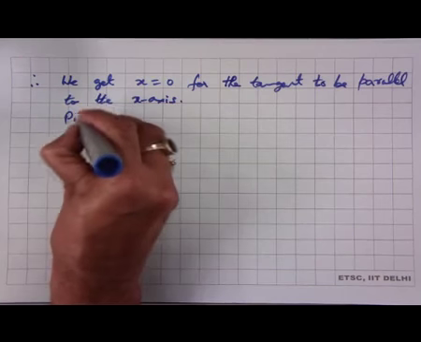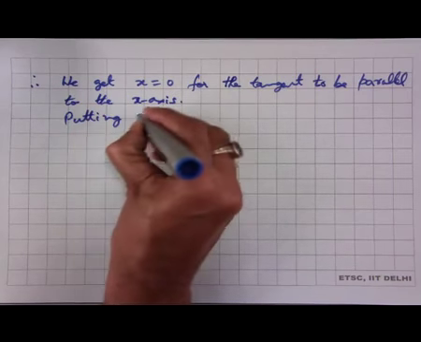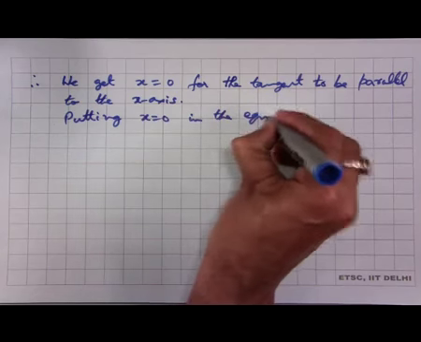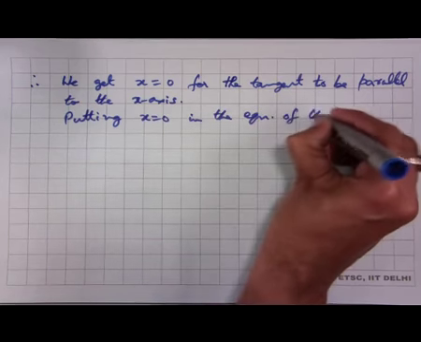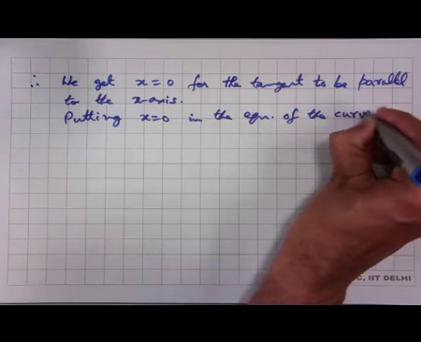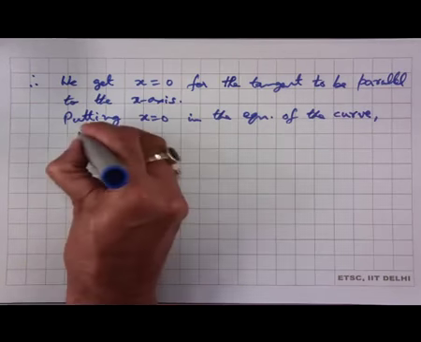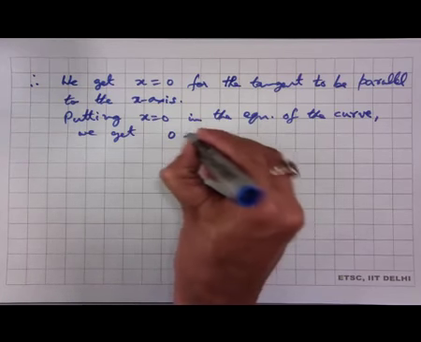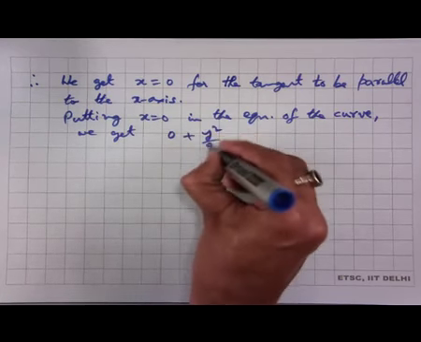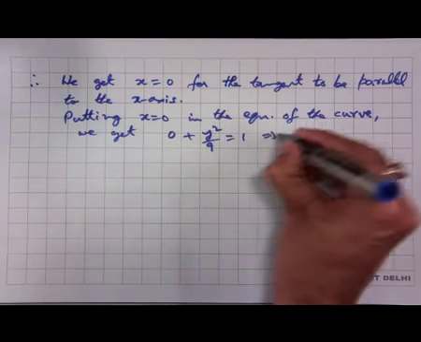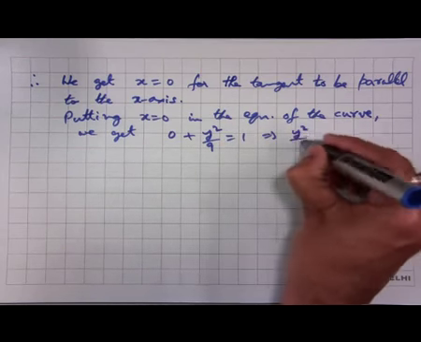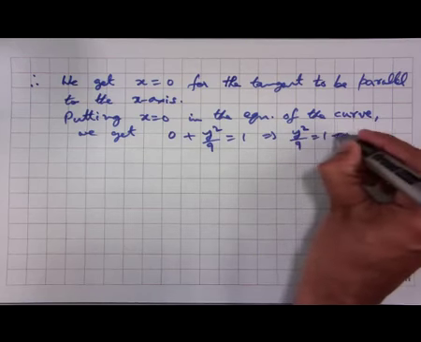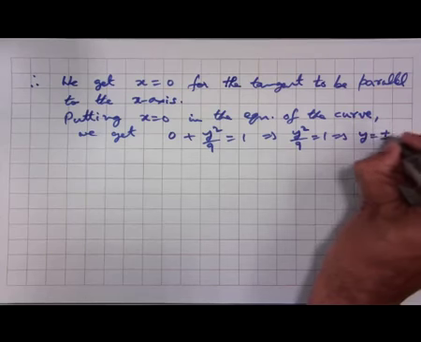Putting x equal to 0 in the equation of the curve, we get 0 plus y square by 9 is equal to 1. This implies y square by 9 equal to 1. So, y is plus or minus 3.